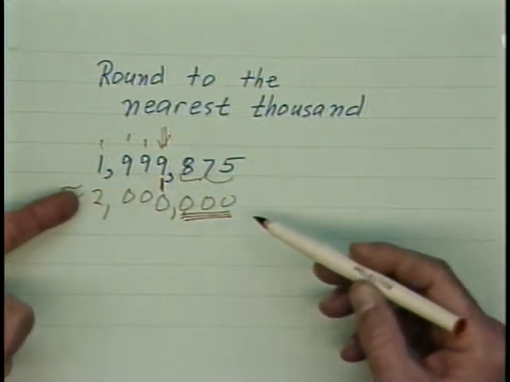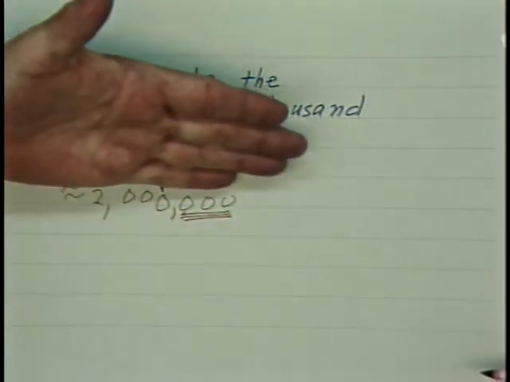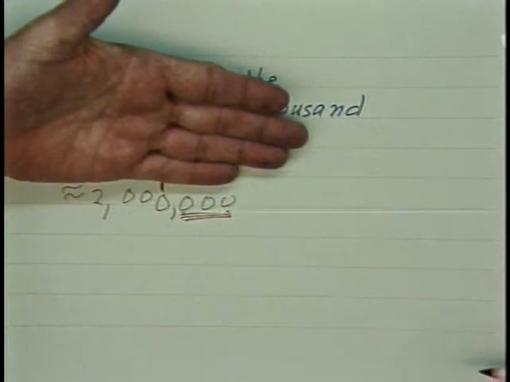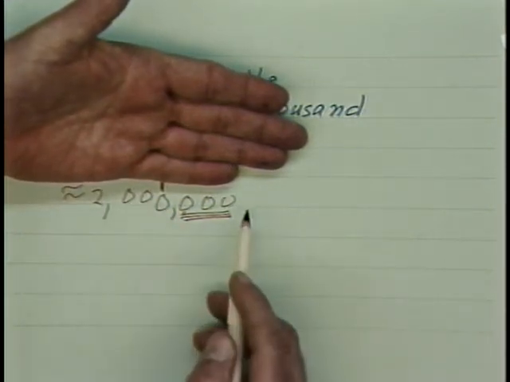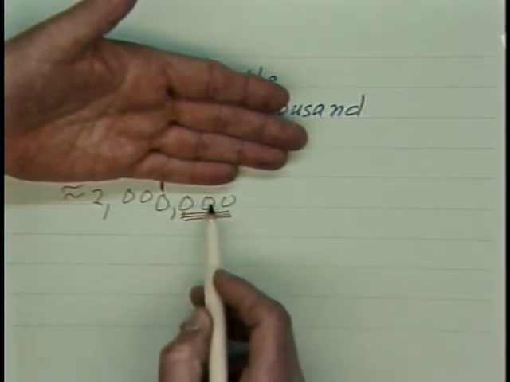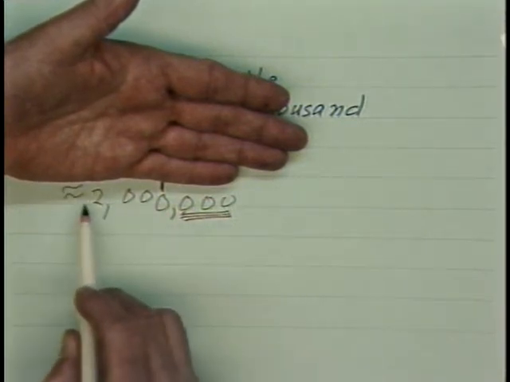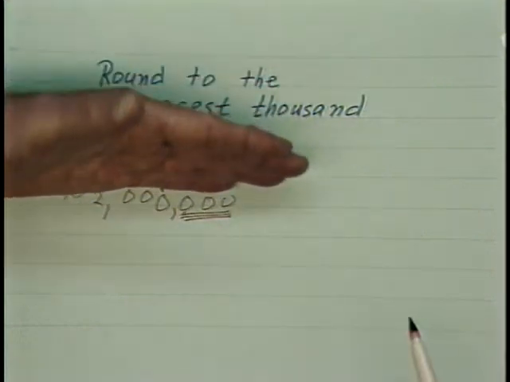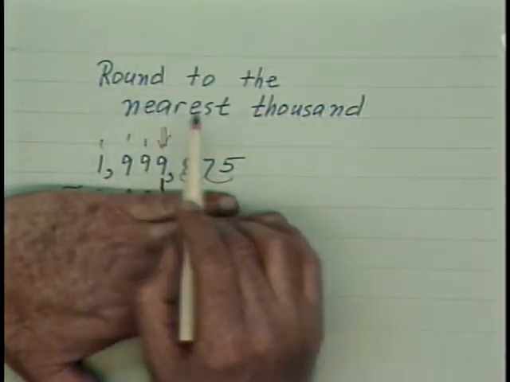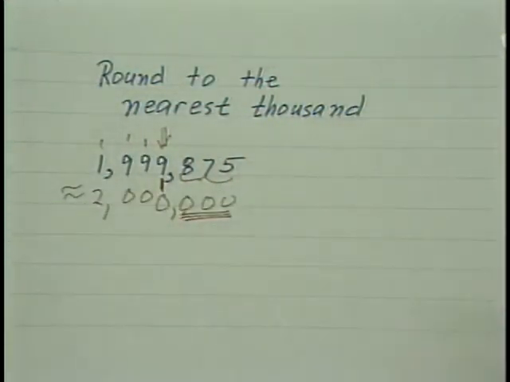One of the difficulties of rounding off is if you just saw this number, you can't tell by looking at the number whether it was rounded here, here, here, or here. All you know is the number is close to 2 million. Somebody would have to verbally tell you that that's the number to the nearest 1,000.